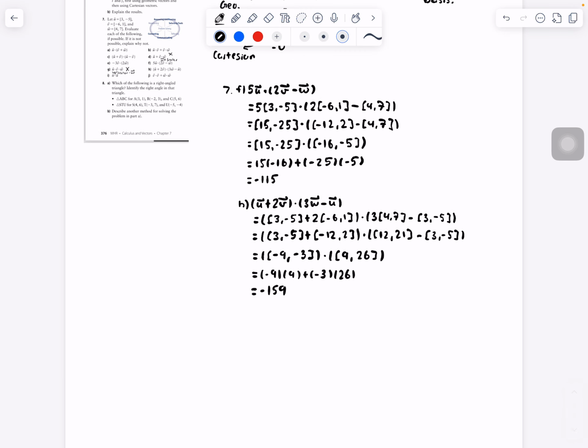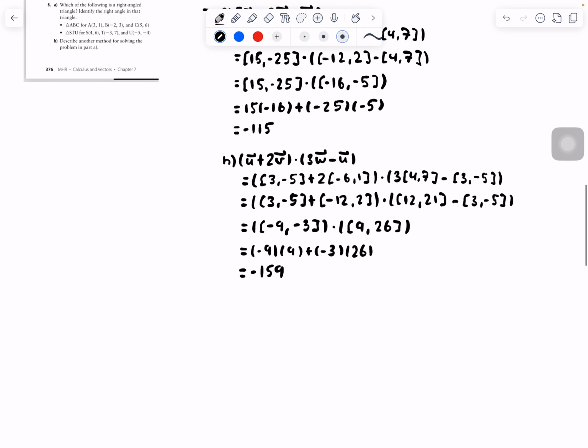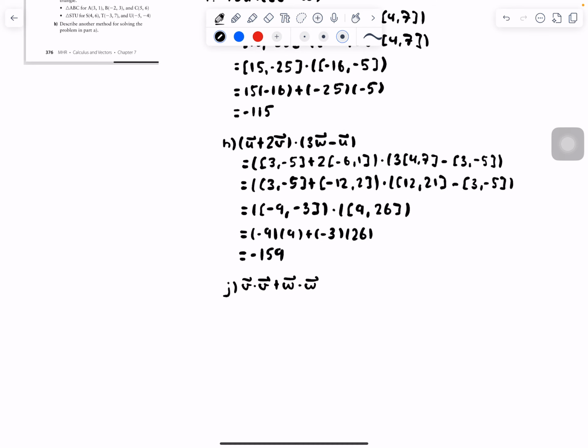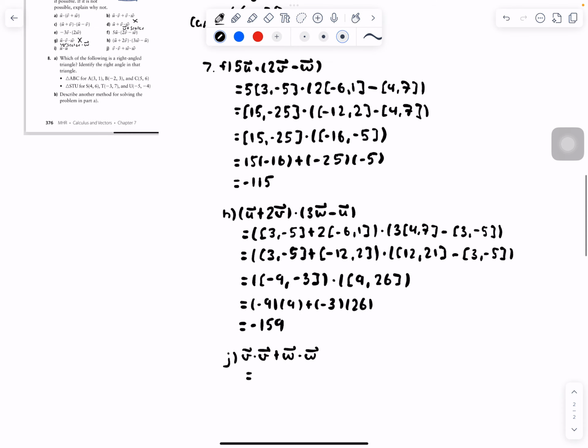And let's close the show out with J as well. V dot V plus W dot W. The reason I like J is because before we even start inputting our stuff, we can simplify this using one of the dot product properties.